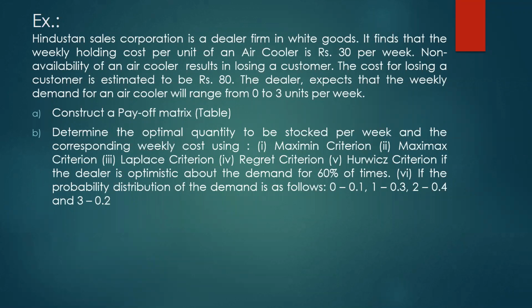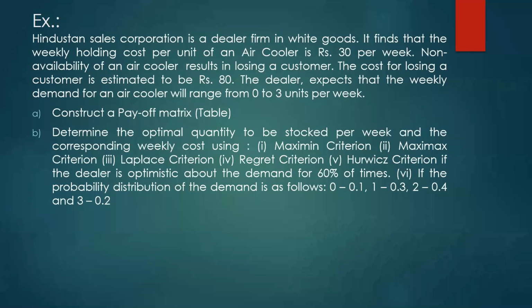I will repeat this again, from the beginning. Looking at this problem, we are talking about only cost here. We are talking about the cost of holding that particular unit for the whole week, if it is not sold. The cost is coming to 30 rupees per unit per week.